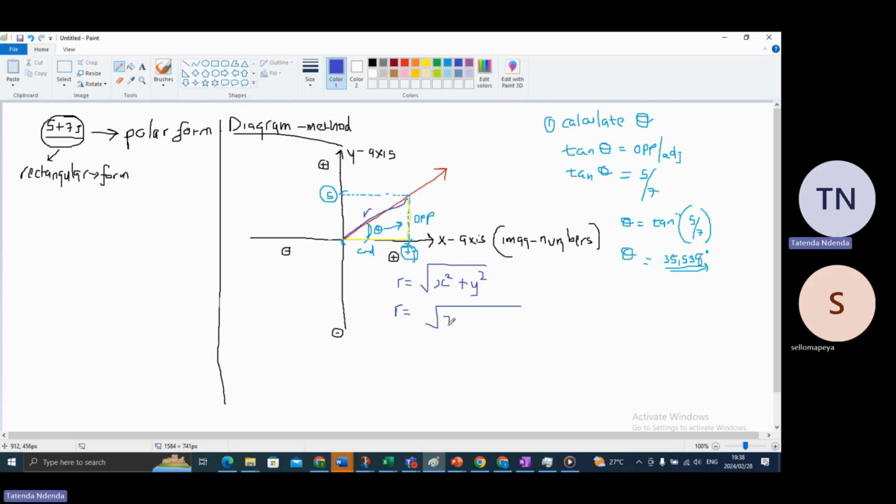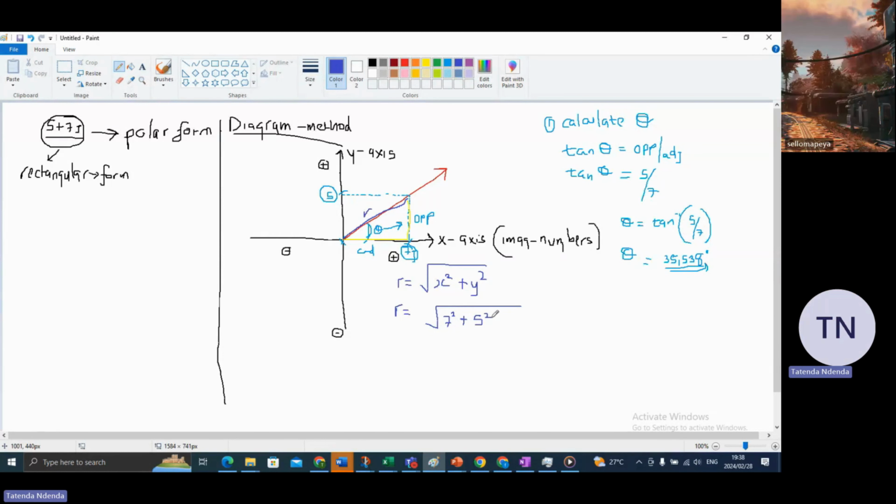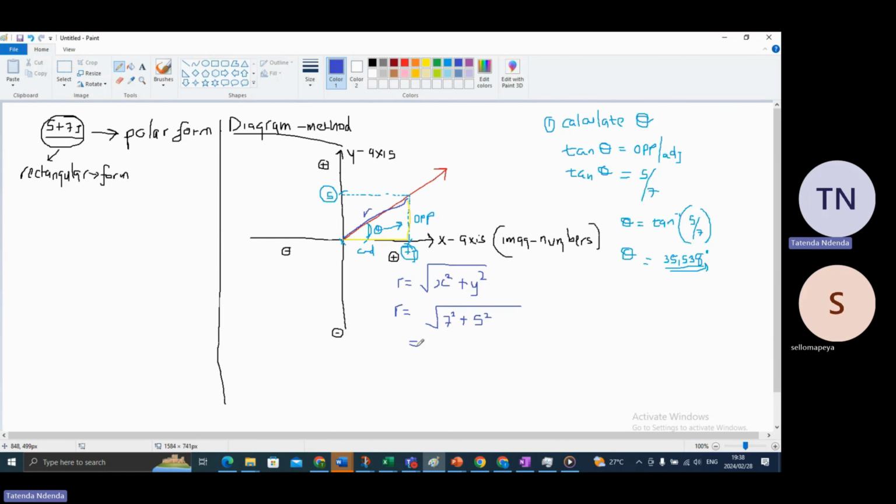Which means that our R is equal to the root of x squared. That's 7 squared, plus our y, which is 5 squared. So at the end of the day, if we punch it into our calculators, 5 squared plus 7 squared is equal to 74.